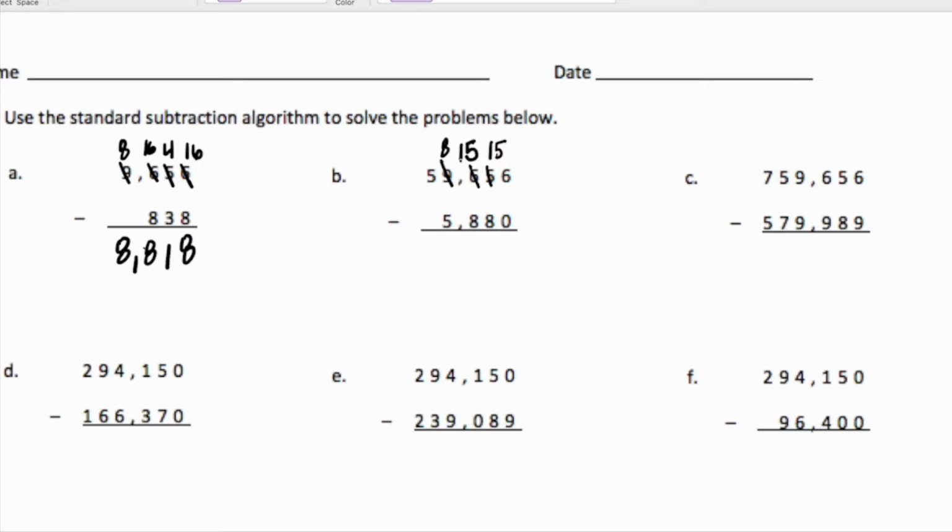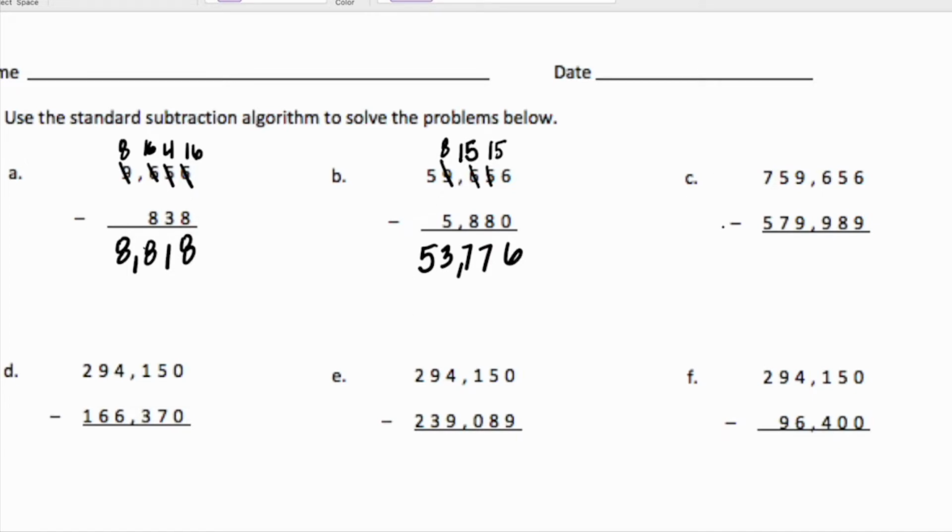I'm going to add 10 to that 5, making it 15. And now I can do 15 minus 8. I can do 8 minus 5. And I can do 5. Let's subtract. 6, 7, 7, 3, 5. 53,776.